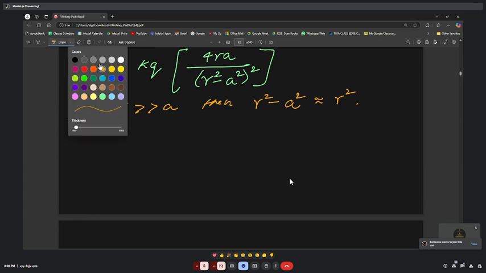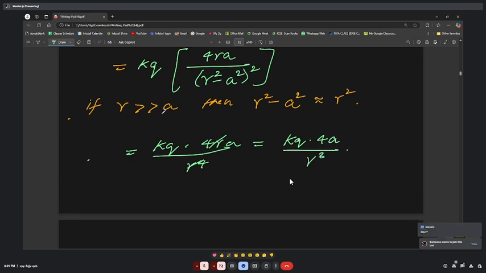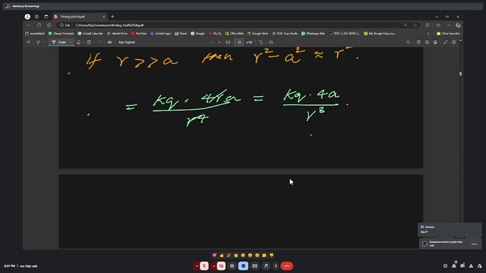To go for a simplification, we'll get this as KQ times 4RA upon R squared minus A squared becomes R squared, the whole square is R to the power 4. So you can cancel out one R term with R power 4, so you will get KQ times 4A upon R cube.